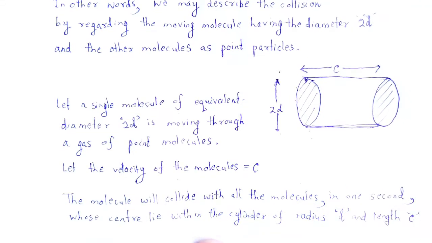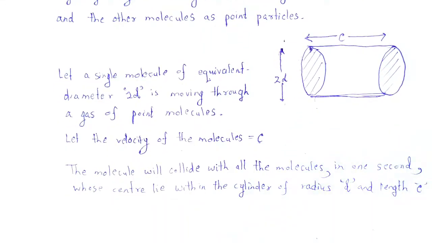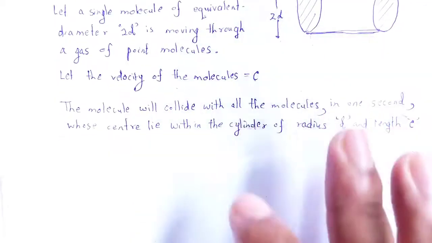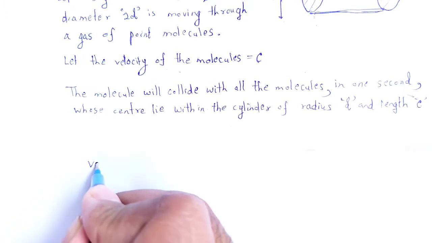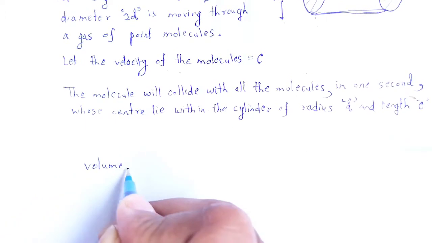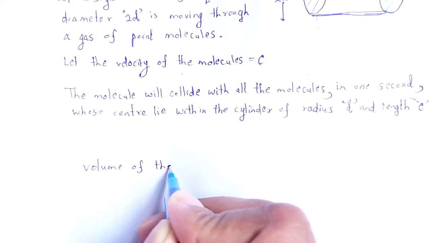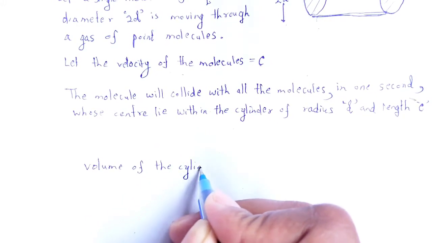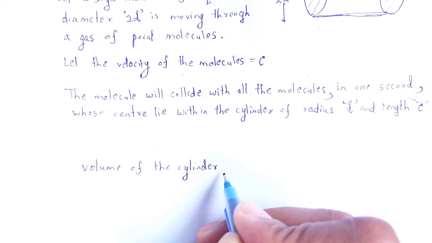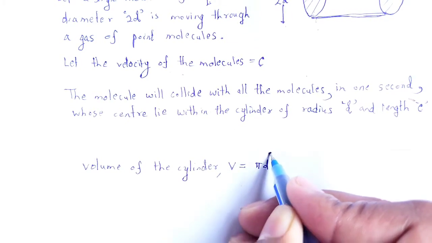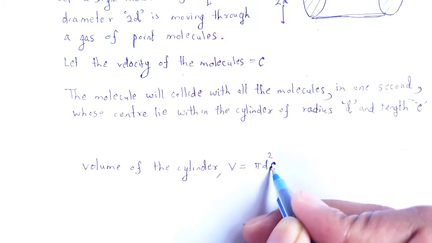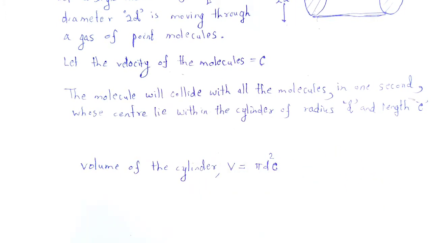Therefore, we take the volume of the cylinder. V is equal to pi d square c, c being the length, so pi d square c is the volume of that cylinder.